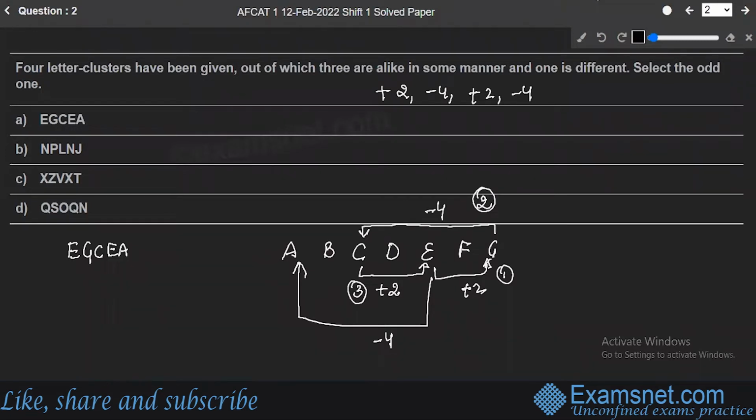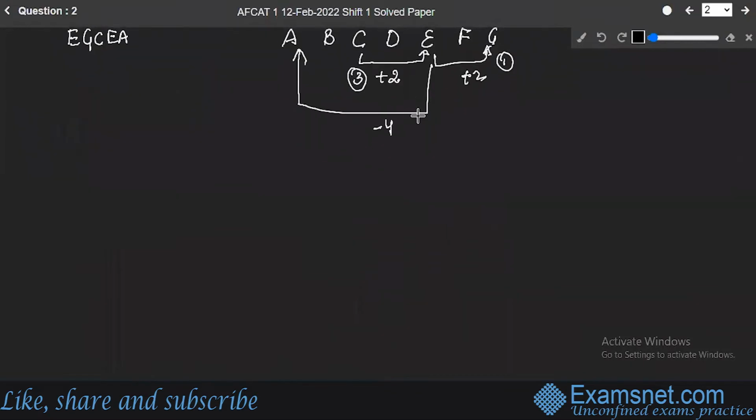Let's take the next one, NPLNJ. Here is N, O, P, so you have moved +2.